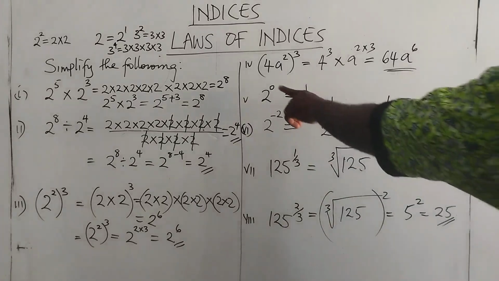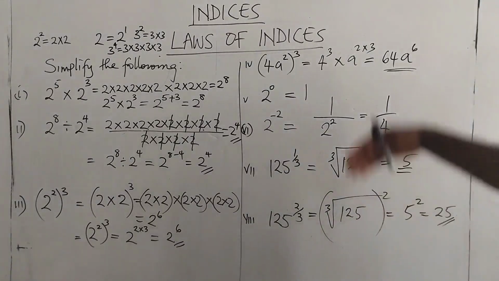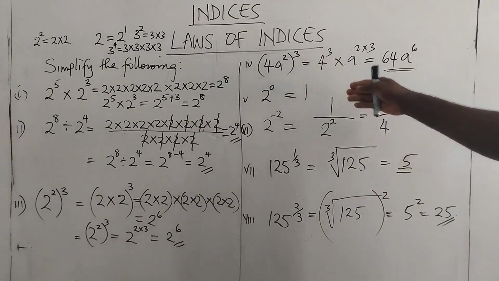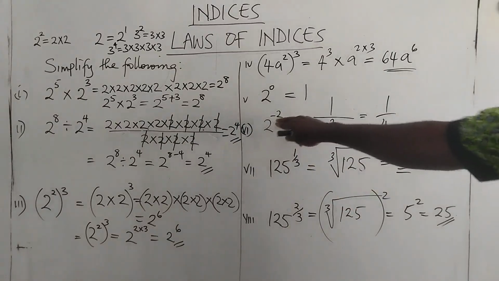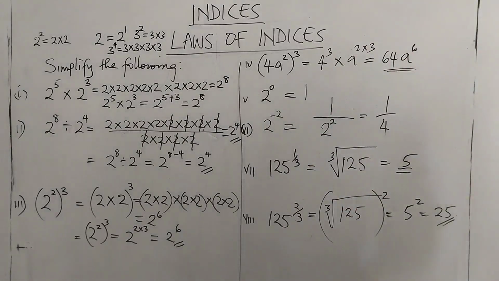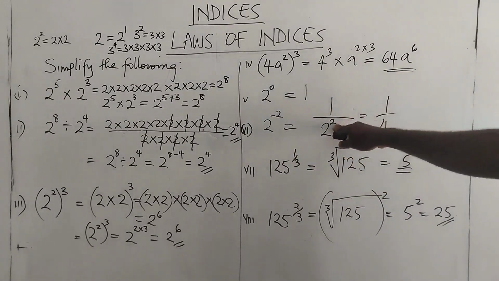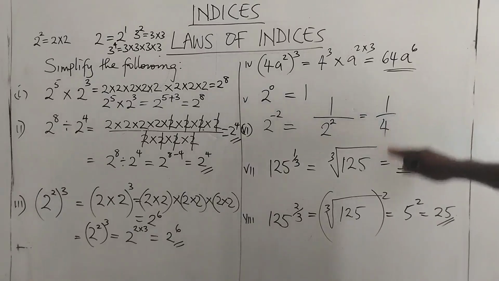Then when the index is 0, this is the easiest. Just write 1 as your answer. Then when the index is negative, it makes the reciprocal of that number. And that is what we'll have on the board.